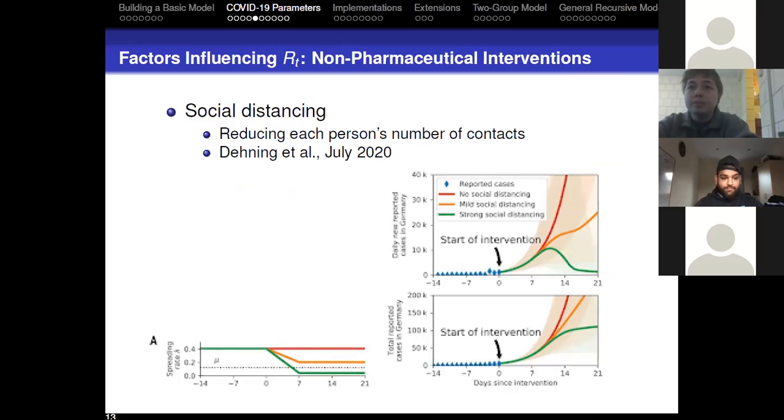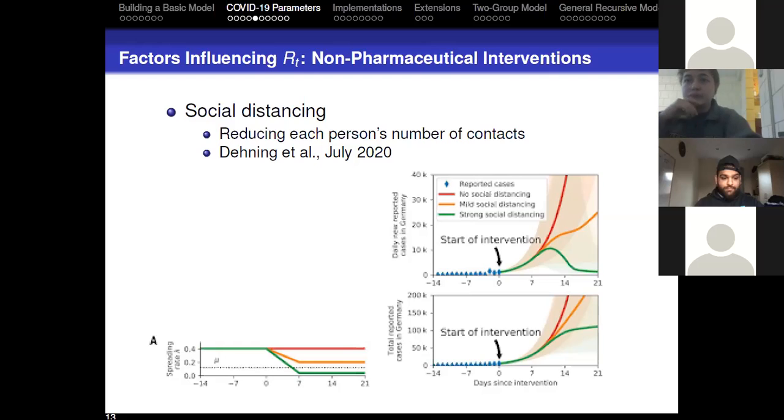And so in addition to thinking about undocumented cases, of course, factors influencing RT include non-pharmaceutical interventions. So if you look at it broadly, look at social distancing, and that would just be reducing each person's number of contacts.